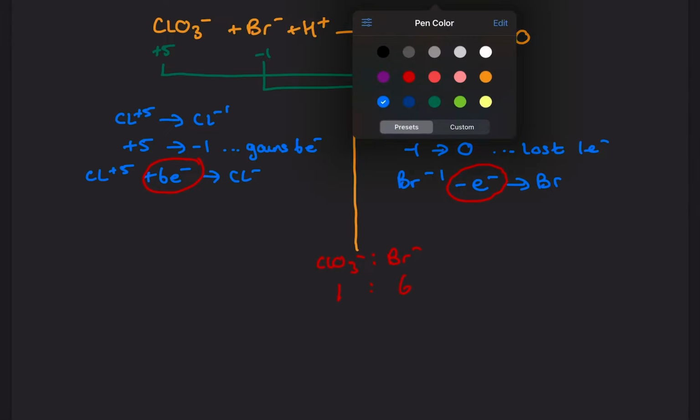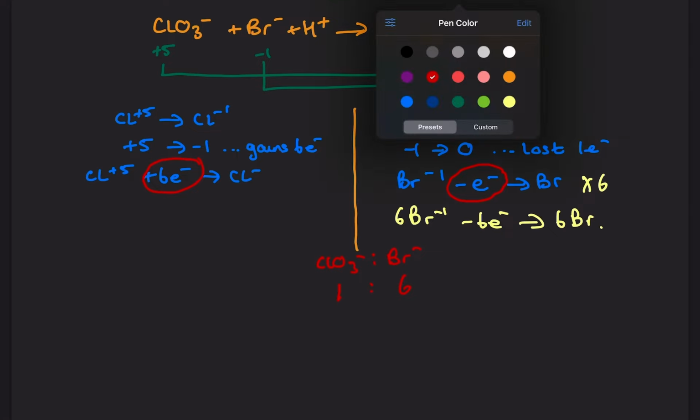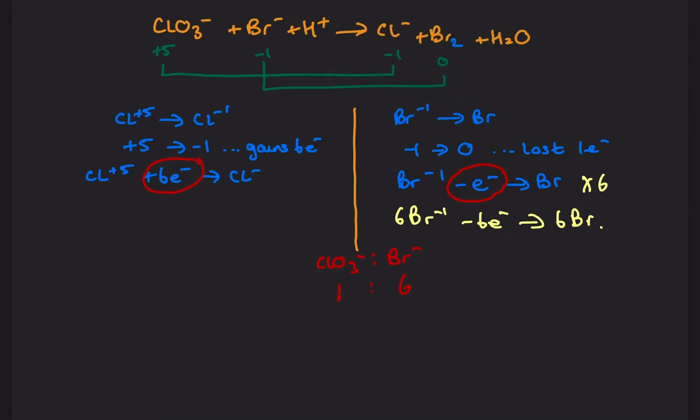And you can do that just by multiplying this by 6. So that becomes 6Br minus, minus 6 electrons, goes to 6Br. Okay, so I need to keep that ratio. So I'm ready to fix this up here. So 1 ClO3, and I need 6 bromide. I'm going to put a 6 in here. This Br2 here, I'm going to put a 3 here.